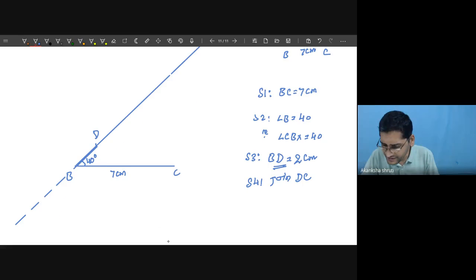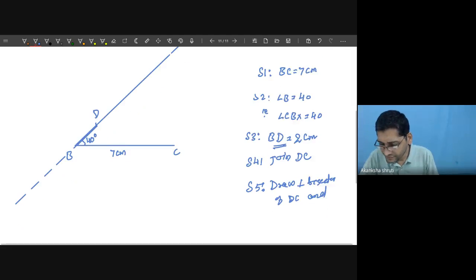After joining this DC, you have to draw the perpendicular bisector of this DC and find the point of intersection, or point of cut, as A. This you have to do.